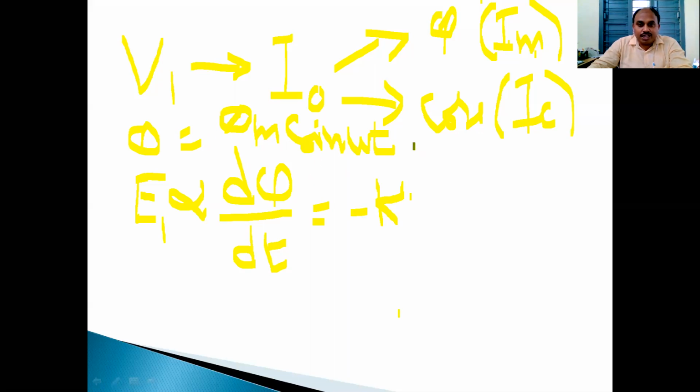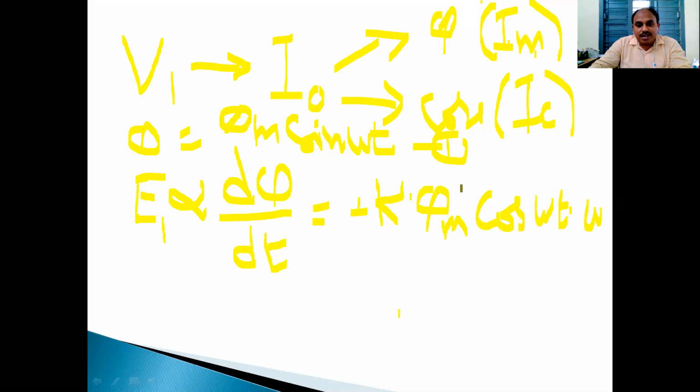If you differentiate it, phi maximum is a common constant, and the derivative of sin omega t is cos omega t times omega. With the minus sign, we get k phi m omega cos omega t. So the flux is phi m sin omega t, while the induced EMF is cos omega t.